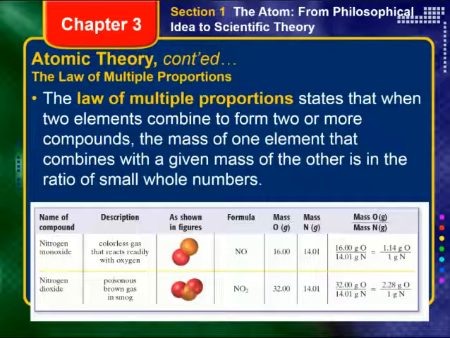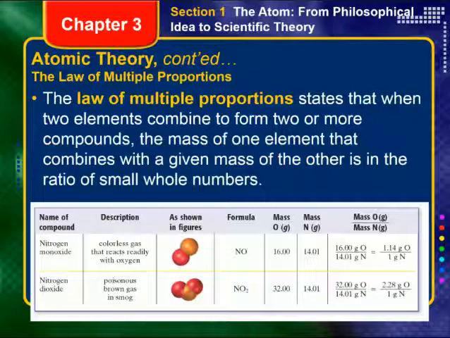Let's finish up the fundamental laws with the law of multiple proportions. The law of multiple proportions states that when two elements combine to form two or more compounds, right? So the difference between definite proportions and multiple proportions: definite proportions talks about one substance being defined as having a certain structure, a certain combination of atoms.